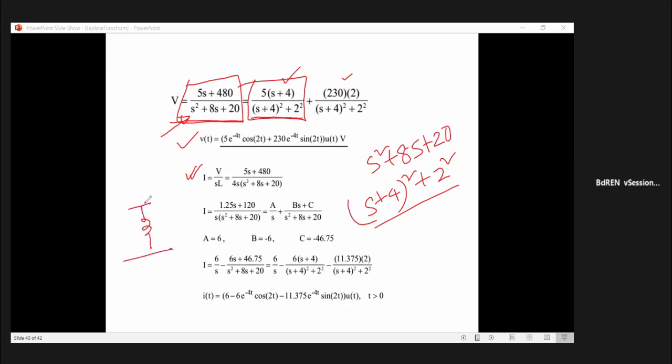If it is SL, then the current flowing through this inductor will be equal to simply this. So the current is equal to V divided by SL.